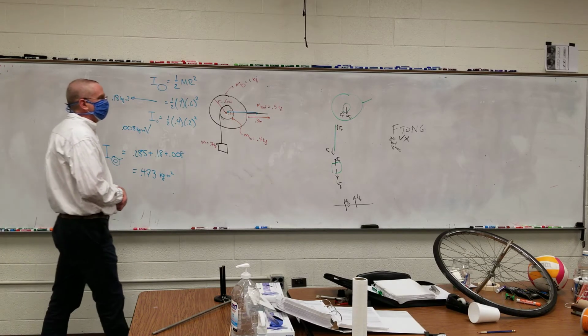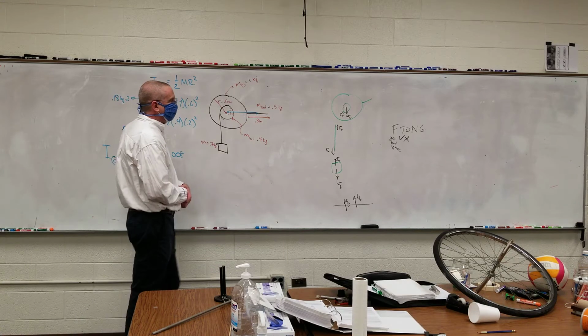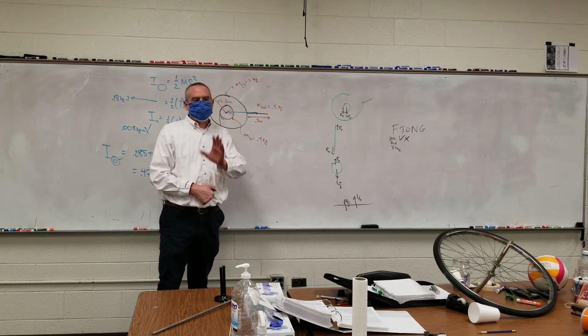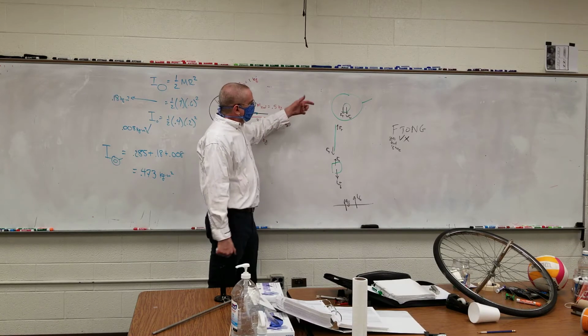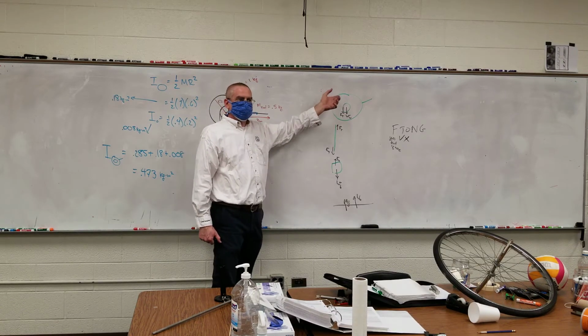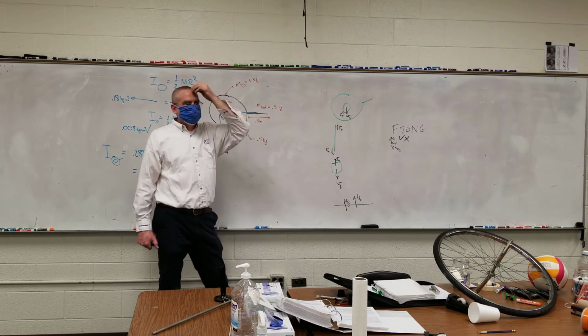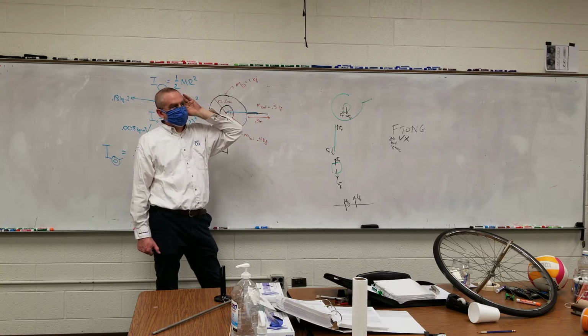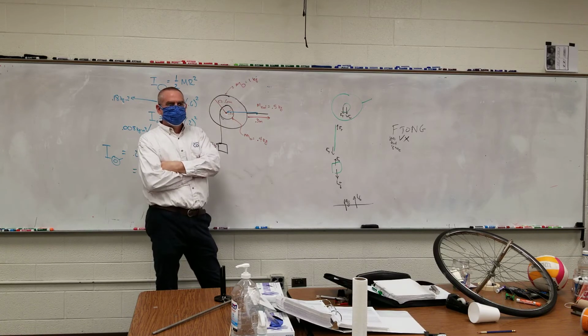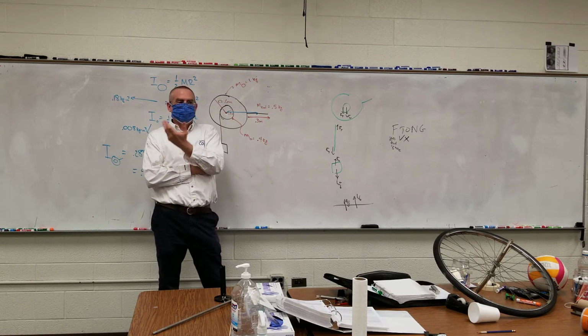You said the rope was almost ideal? Yeah, the more I'm thinking about it, just treat it as ideal for this. Okay. What's holding the wheel up? Is it rope? No, okay. The rod is. Yeah, there's some, we don't know what it is.